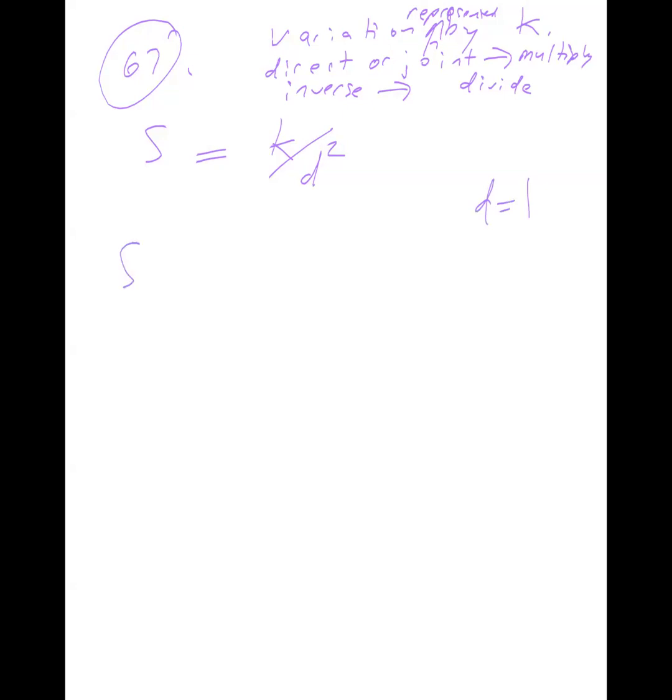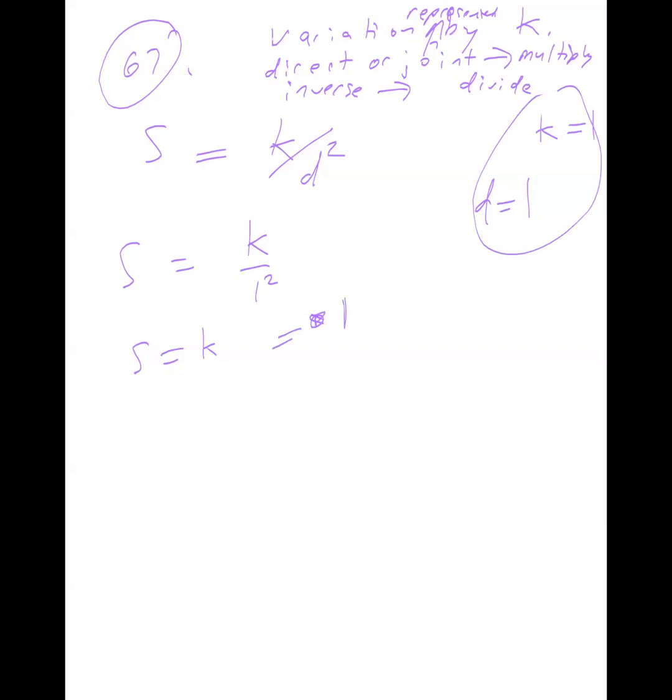So the sound intensity, if you're sitting 1 foot away, would be equal to K divided by 1 squared, right? So the sound intensity would just equal K. Boom. And then let's think of the value of K. Let's assume K is equal to 1 as well. You're 1 foot away and the amount of variation is 1. So S would equal 1.